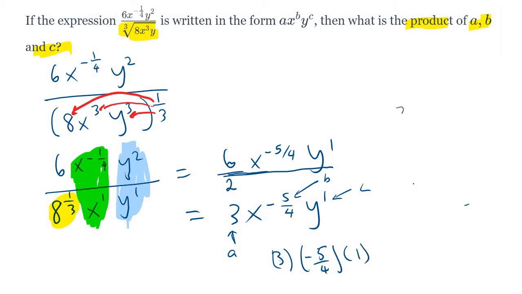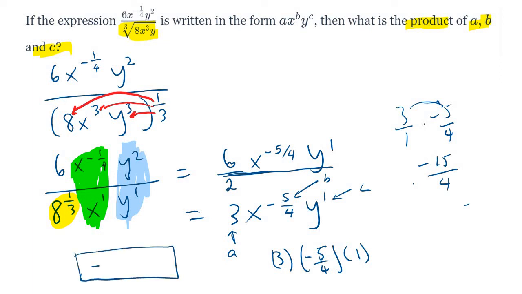All right, so 3 times negative 5/4 will be 3 over 1 times negative 5/4. So that will be negative 15 if you multiply the top by the top. Negative 15 over 4. So the final answer you're going to type in that box will be negative 15 over 4. And that is the answer.